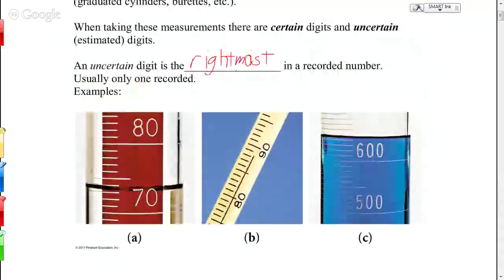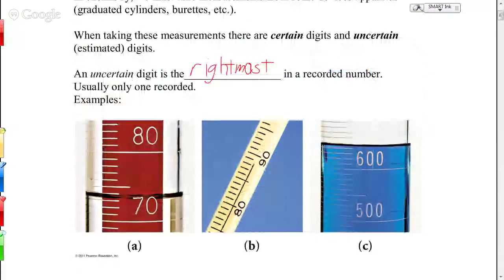Okay, so the rightmost digit when you write your thing out is going to be the uncertain digit. That means that that's the one that we are guessing at. And how we do that in practice, we're going to look at a couple examples here. So the thing on the left, we'll say that's a graduated cylinder. You've got a liquid level that is right here, right?